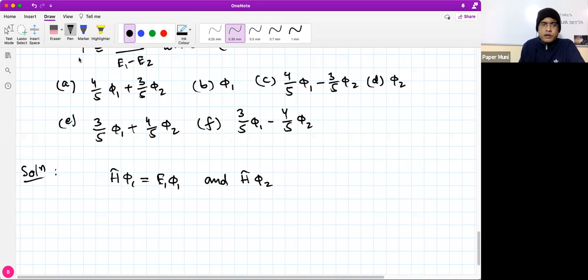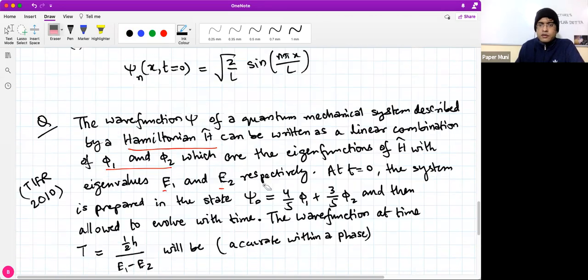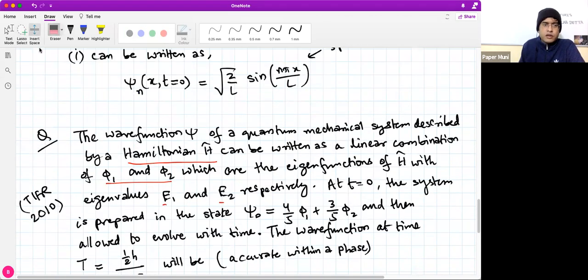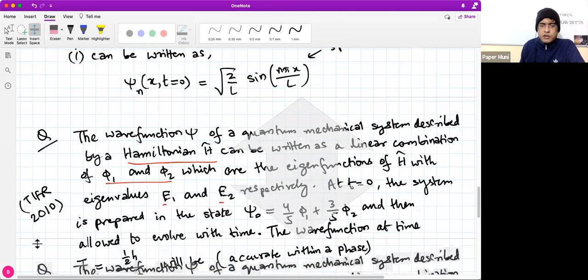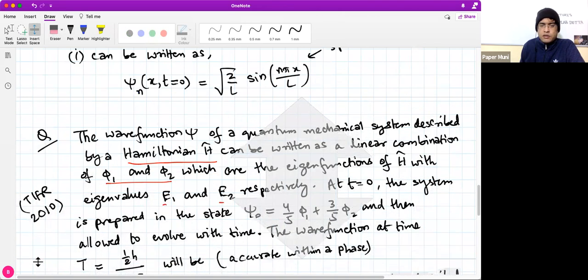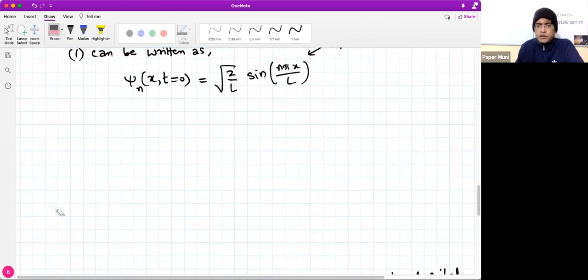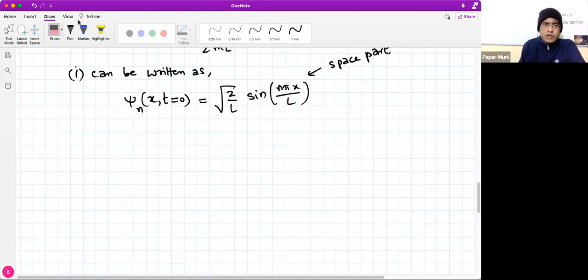Before going into this question, it's better if you solve an easier problem first, so that you have a picture of it. Let me put this down and give you another question. If you're doing it for the first time, it's sometimes difficult to grasp the concept. So let me give you an example question, a simpler one.